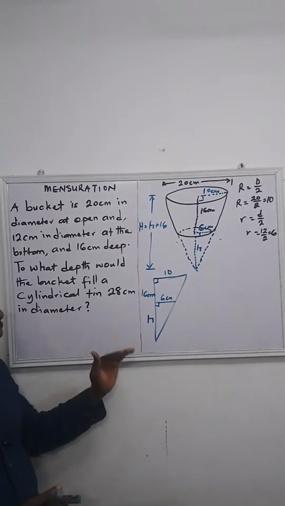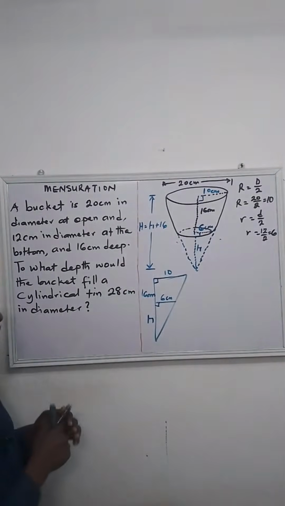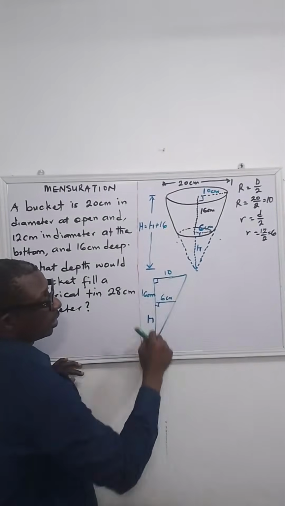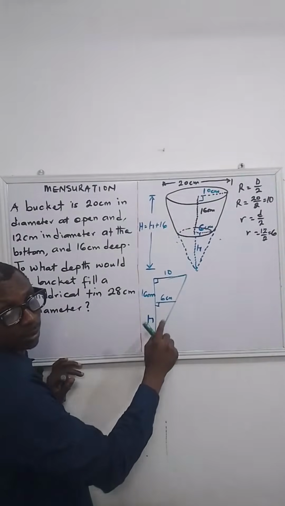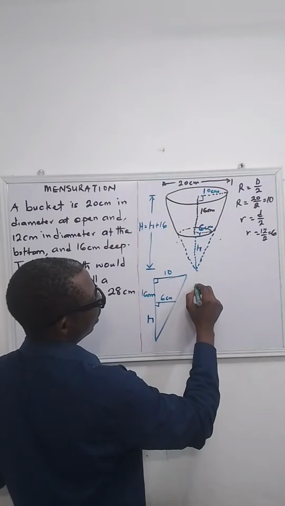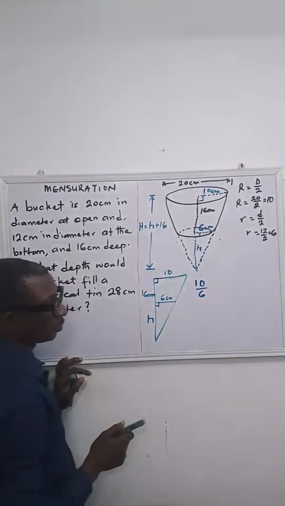We need to find the corresponding sides. This side here of the bigger triangle corresponds to the side here of the smaller triangle. I hope you understand that. So we have 10 corresponds to 6.